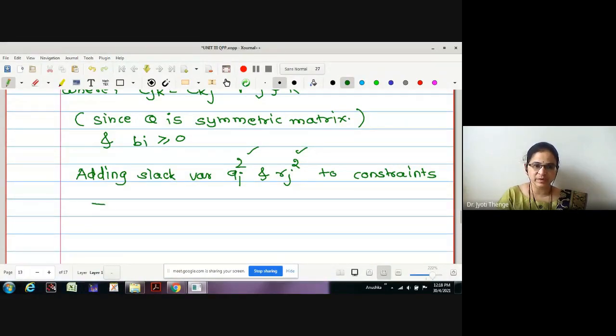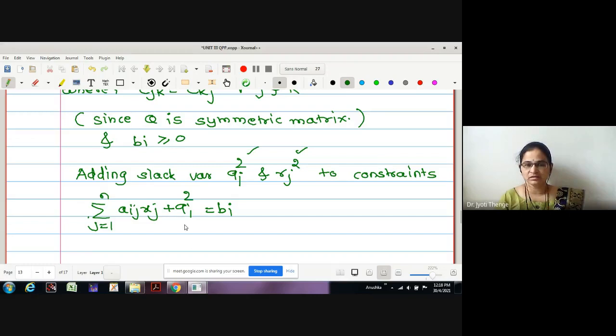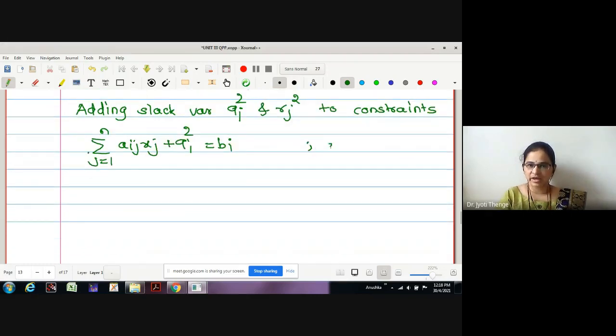Therefore, let me write summation j equals 1 to n of A_ij x_j plus q_i square equals b_i, for i equals 1 to m. And for the second one, actually we were converting x_j greater-equal to 0.